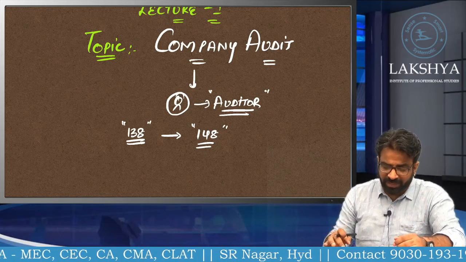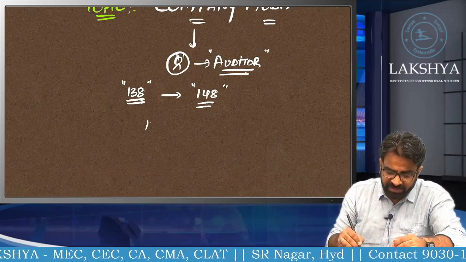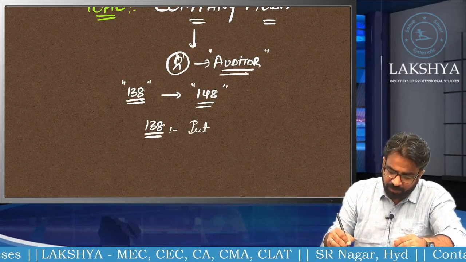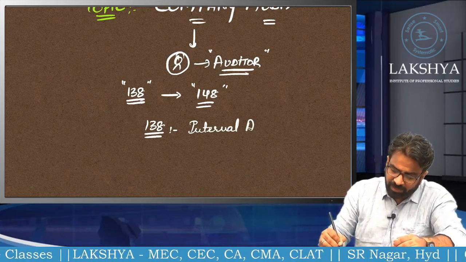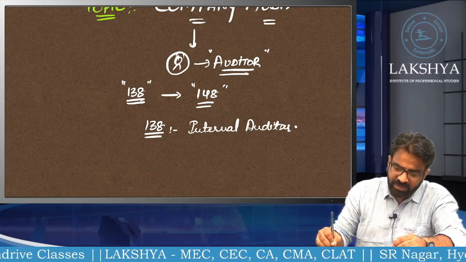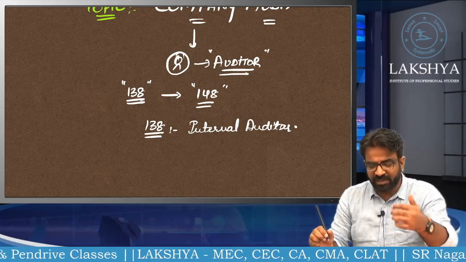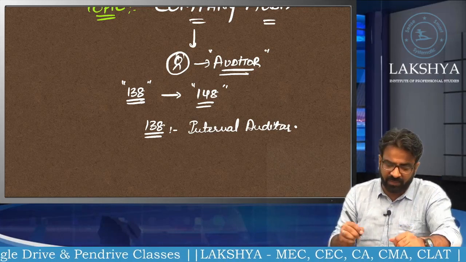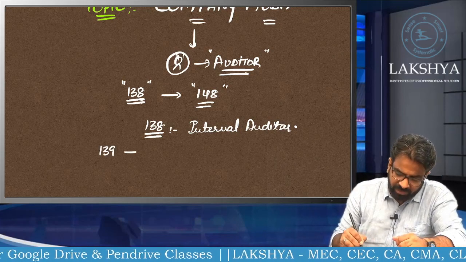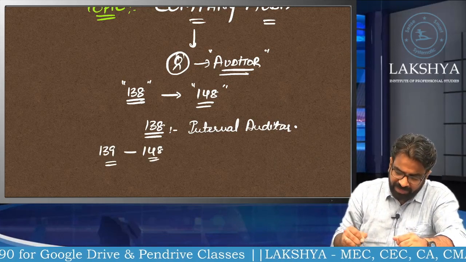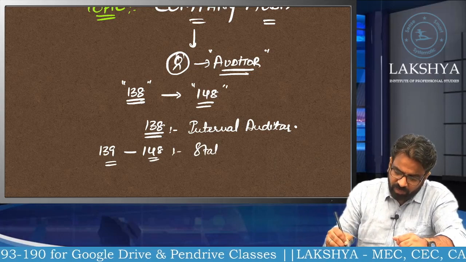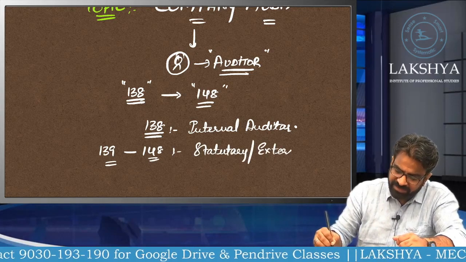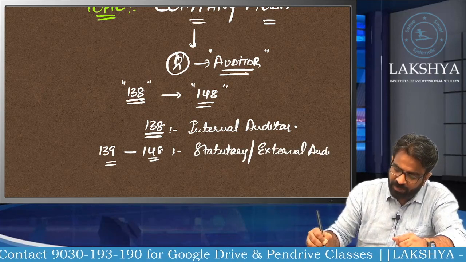In that, section number 138 talks about one particular auditor, known as the internal auditor. Whereas section number 139 to section number 148, we are only going to talk about the statutory or external auditor. I hope everyone is clear.